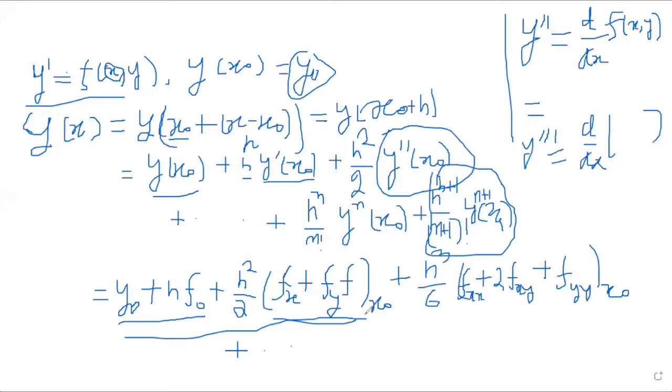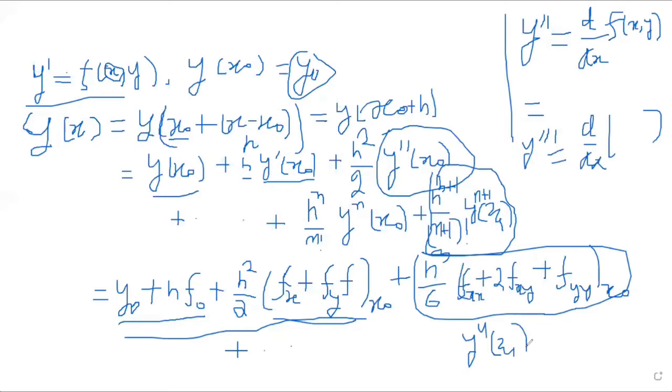What will be the error in this case? Suppose I keep 3 terms of the series, then the error will be h cubed by 6 times the unknown fourth derivative at xi. So this will give us the error.